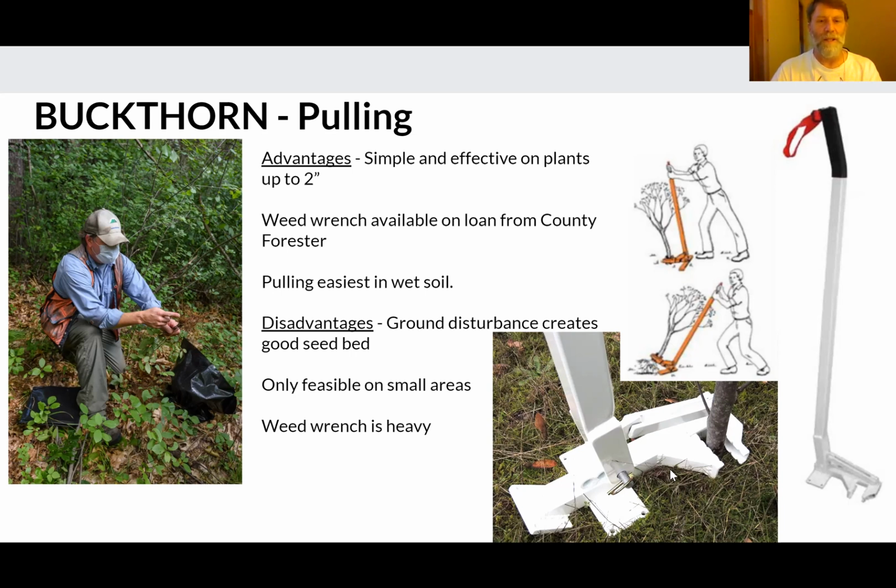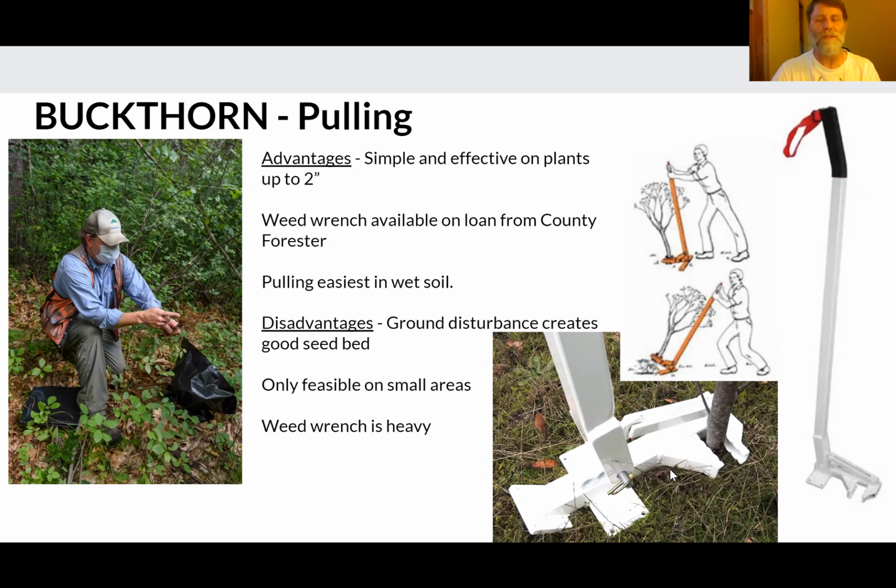That kind of thing is pretty easy to do. When you're hand pulling, it's best to do it like now, this time of year, especially this year, when the soil is wet, because the roots don't have as good a hold on the soil. So stuff comes out much more easily that way.